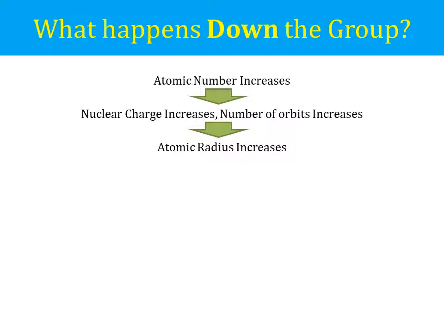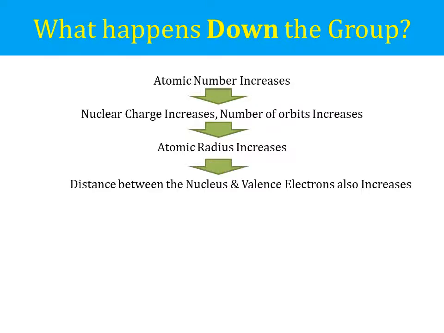What dominates is the number of orbits increase, so the radius increases. If the radius increases, the distance between the nucleus and the valence electrons will also increase.